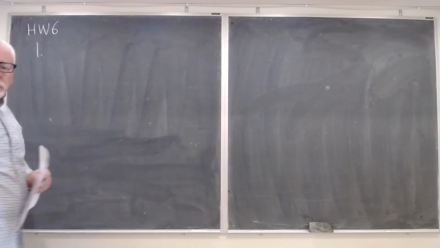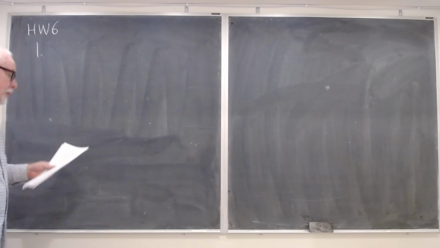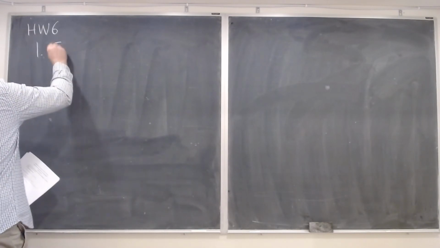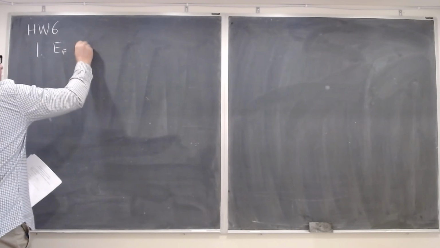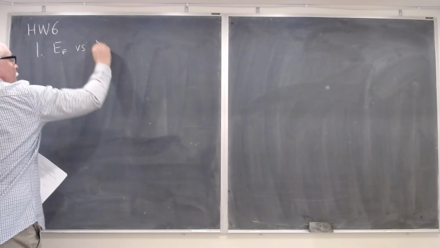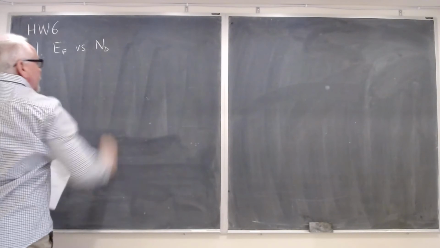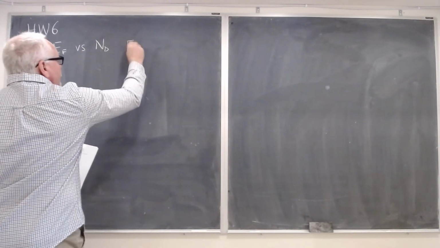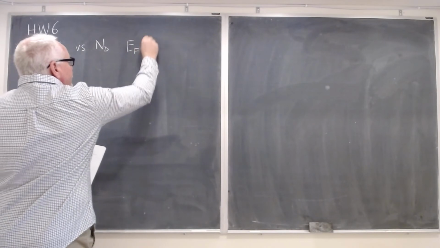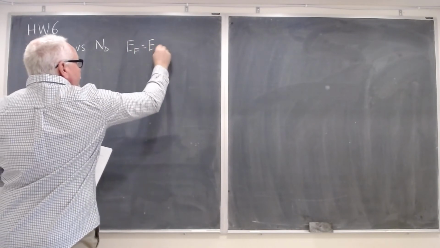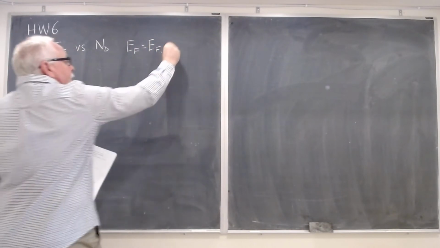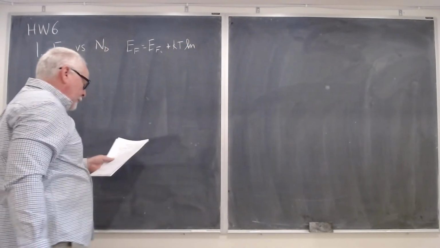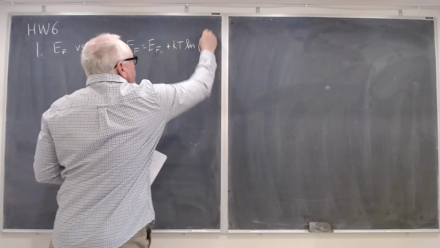Problem 1 was an extension of the previous homework to reinforce your understanding of EF, the Fermi level, versus doping, and doing it for n-type, which is that we calculated the formula EF is EFI plus KT natural logarithm of ND over NI.